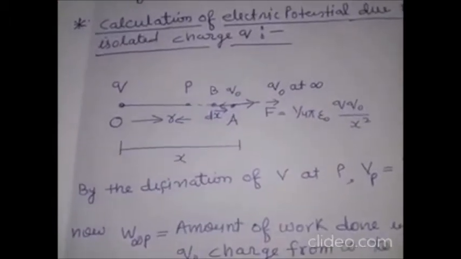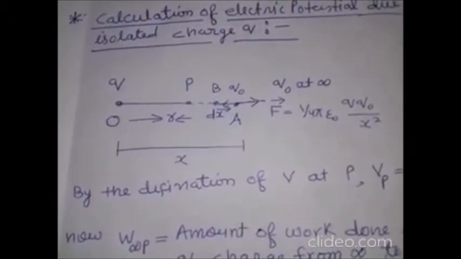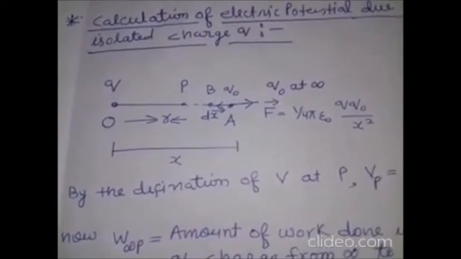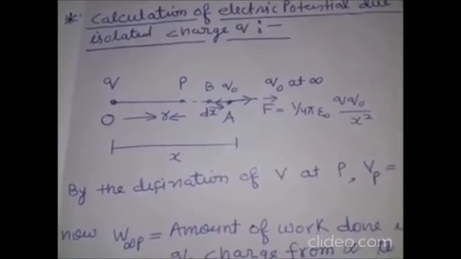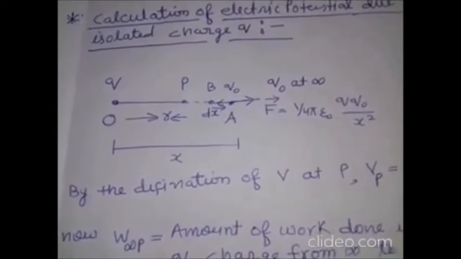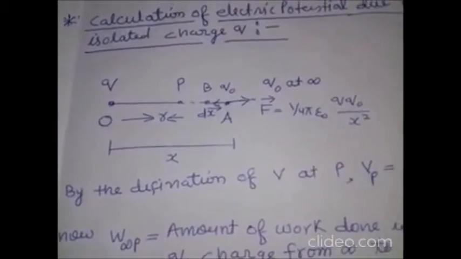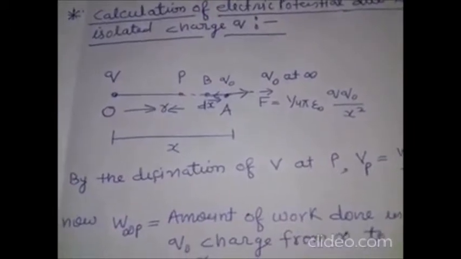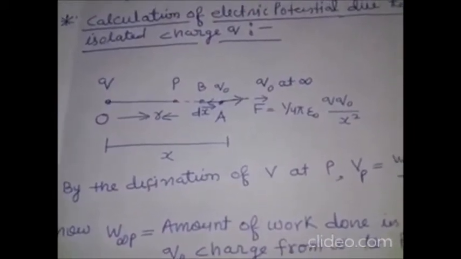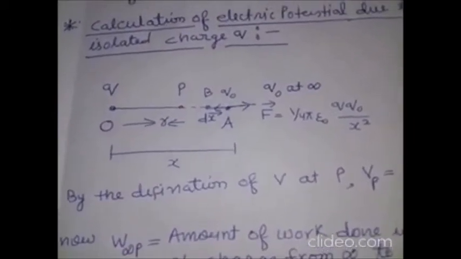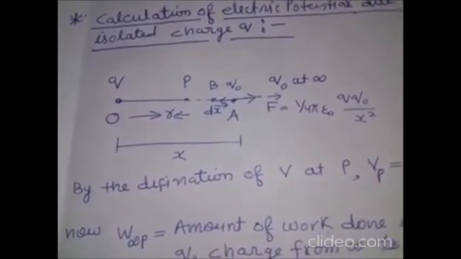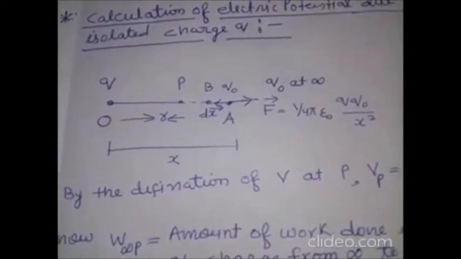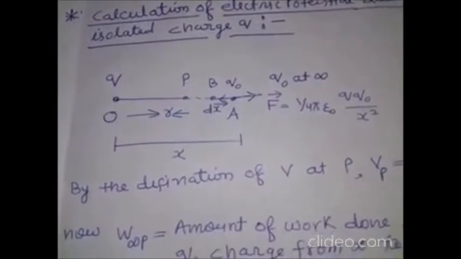Okay, we will break this path into very small infinitesimal path elements. The displacement of each path element is dx. At any instant, Q naught is at a location A, which is at a distance x.